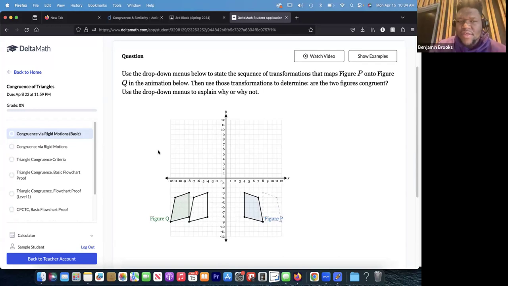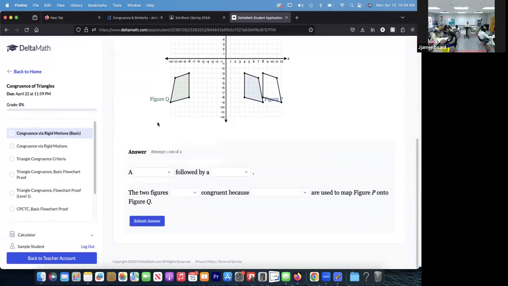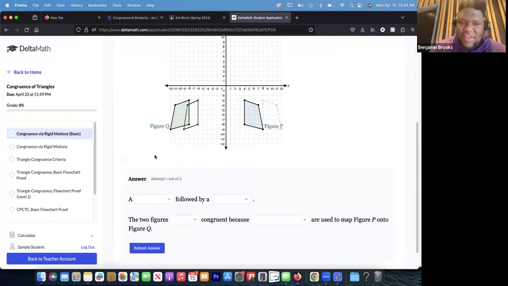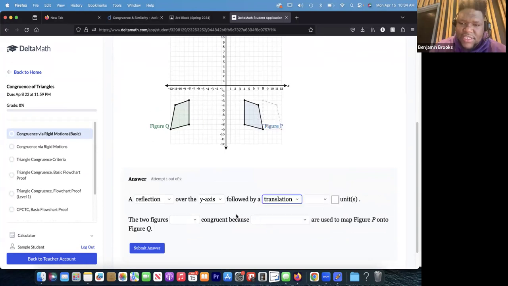All right, use the drop-down menu below to state the sequence of transformations that map figure P onto figure Q in the animation. And you'll notice that you only have one problem to do. This is almost like a review. We can see that there is a reflection over the y-axis followed by a translation, it looks like from here to here is, let's see, 1, 2, 3, 4 units to the left.